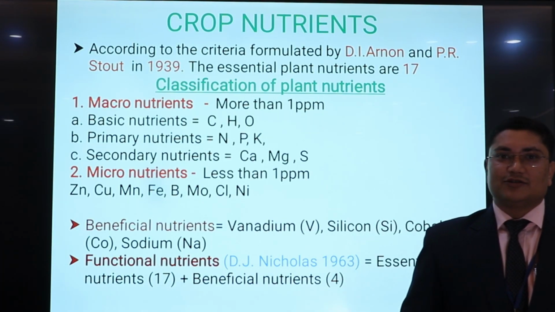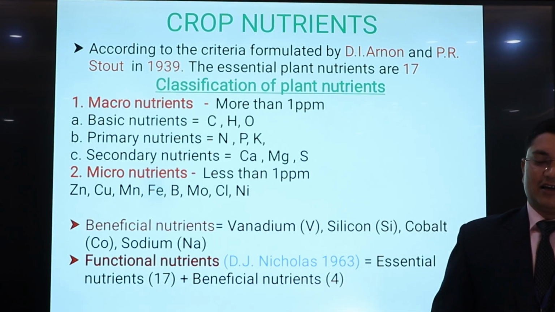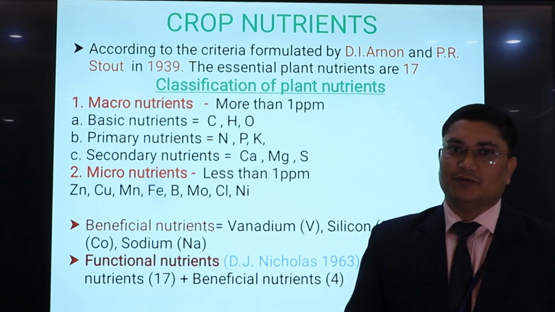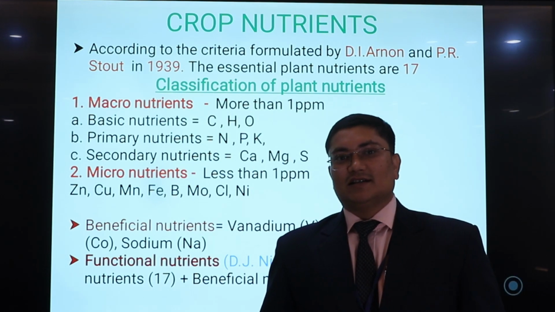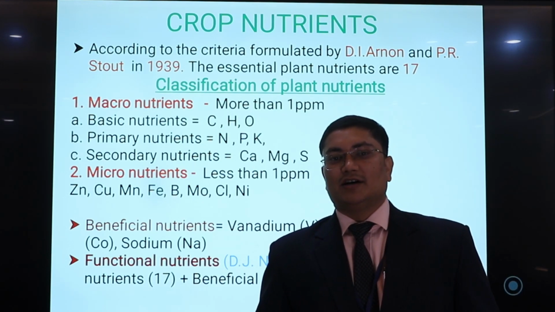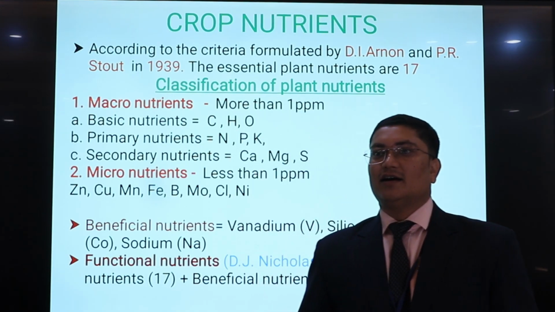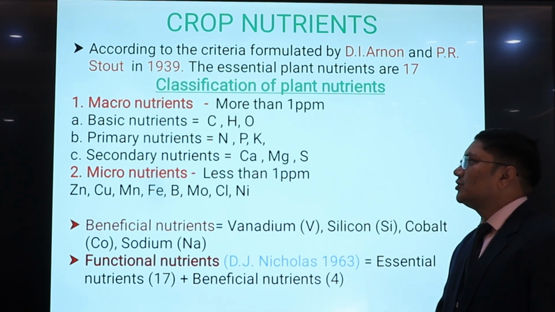Nitrogen is also present in nature and in our soil, and phosphorus and potash too. But these are the three major nutrients which play a vital role in plant growth and development, and we provide them artificially too.